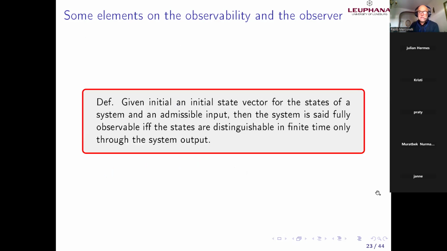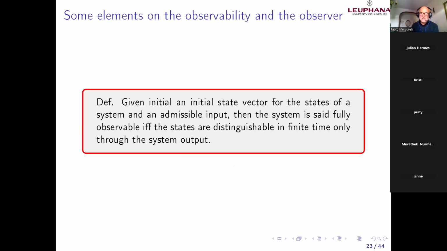Here we have a possible definition, because we have many definitions of the observability. The definition is referred to the fully observable. But of course, it's clear what I intend for fully or not fully.